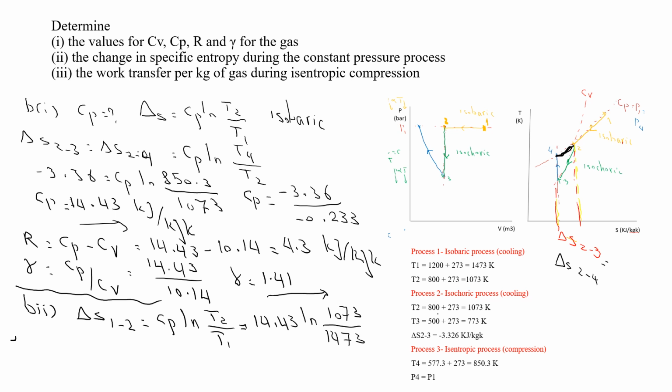Now from here we get delta S12 is equal to minus 4.56 kilojoule per kilogram Kelvin.